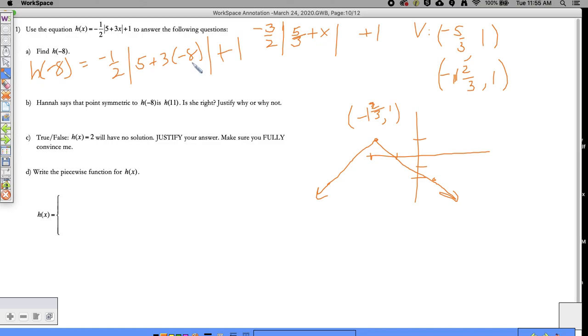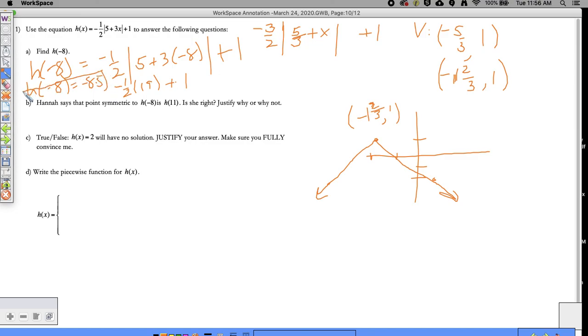So this is -24 plus 5 is -19, but the absolute value of -19 is +19. So now we're doing -1/2 times 19 plus 1. So that's going to be -9.5 plus 1, and that should give us h of -8 is equal to -8.5.